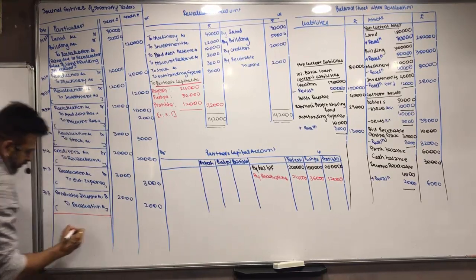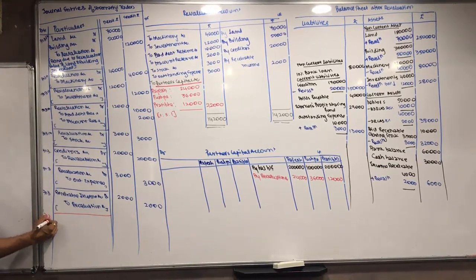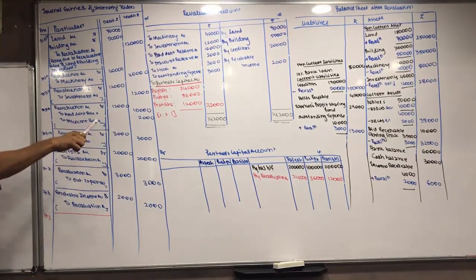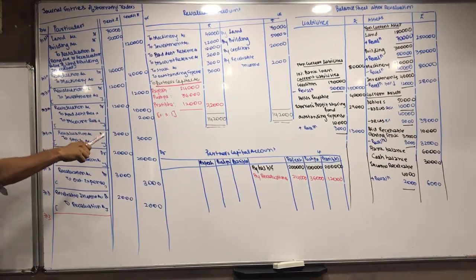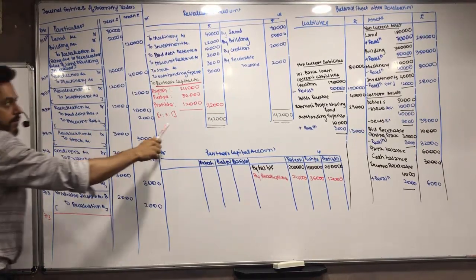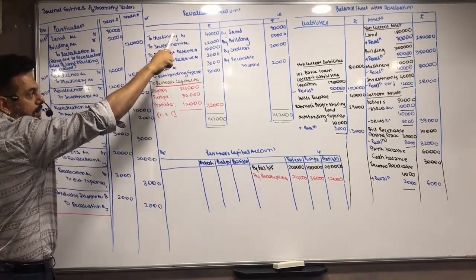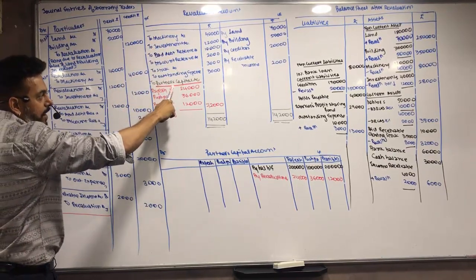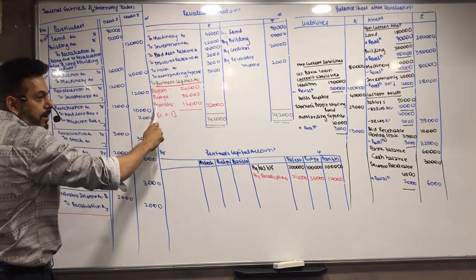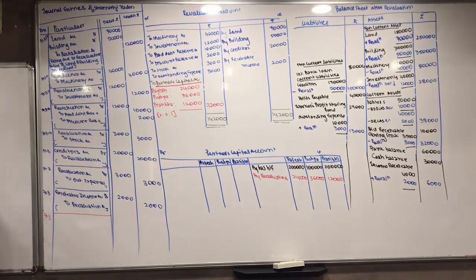We need to write the journal entry for profit. Don't forget this, your marks will go if you forget this. Entry is revaluation account debit to Rajesh capital account, to Pushpa and to Pratibha.